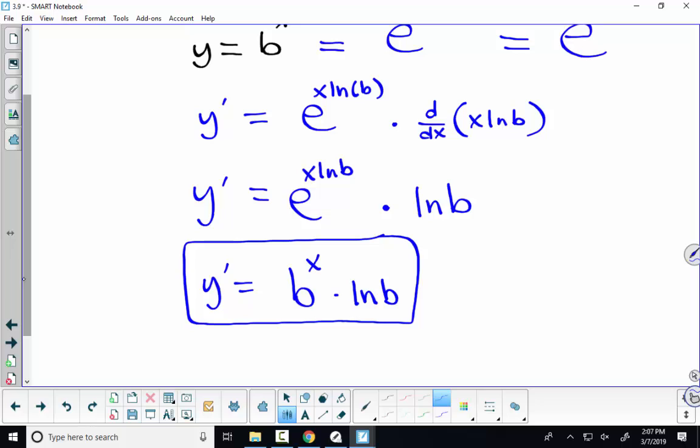What do you do first? If I say x is 2, you plug 2 up here, then I raise 3 to the second power. So what we're not seeing here with the chain rule is the derivative of which part? x. We're really not seeing this part, but it's there.